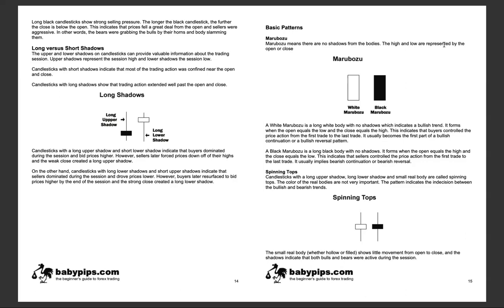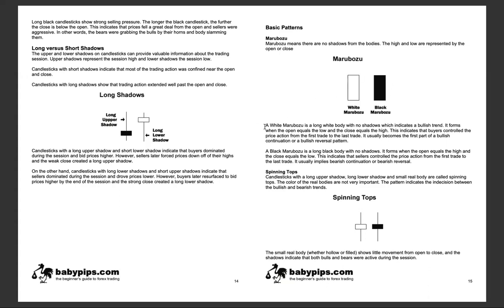The high and the low are represented by the open and close. This one is a white Marubozu and this one is a black Marubozu. The white Marubozu usually represents price going up, while the black Marubozu represents price going down. It's a very important candle.